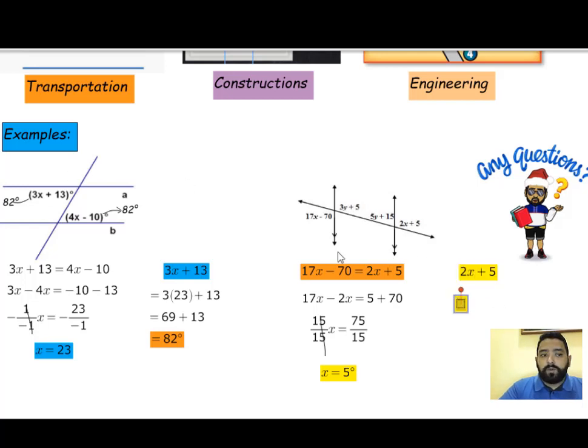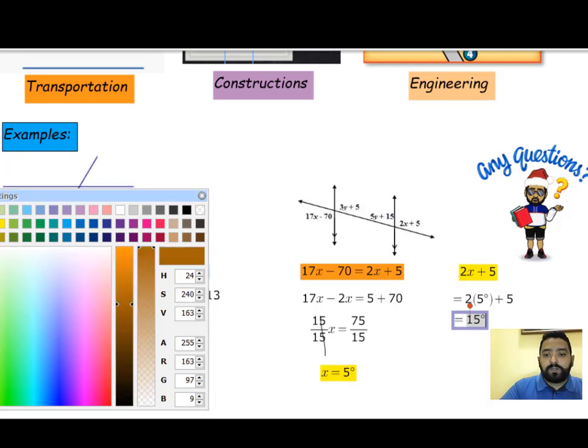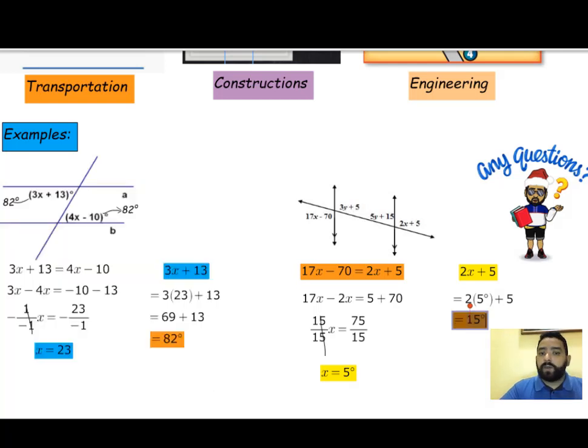How? Like this: 2 multiplied by the value of x, which is 5, plus 5. 2 times 5 is 10, and 10 plus 5 is equal to 15. So the value of the angle is 15 degrees. And we already finished with the relationship between the two parallel lines.